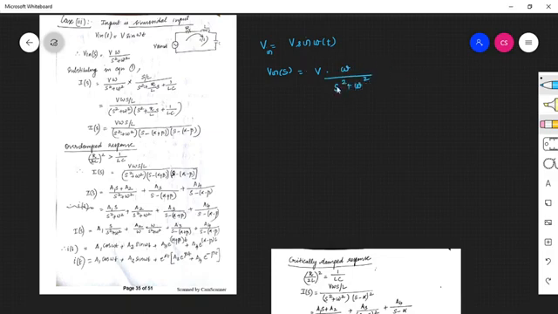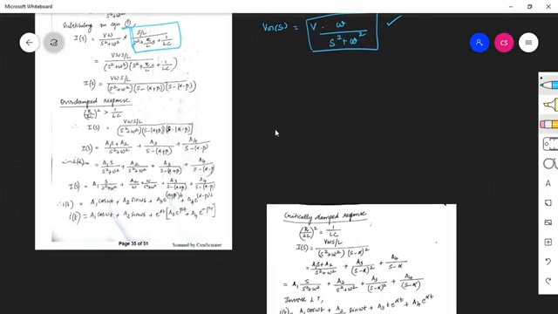So once again we have to substitute this value in place of V of s in equation 1. So it becomes V omega by s square plus omega square, which is this V of s, into this term, which once again remains the same. So it becomes V omega s by L divided by s square plus omega square into s square plus R by Ls plus 1 by Lc.